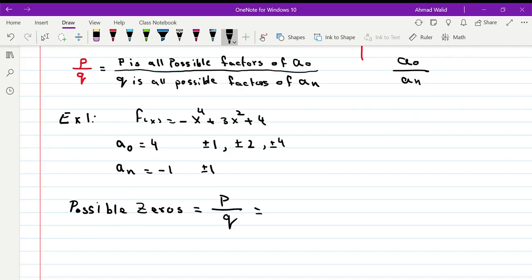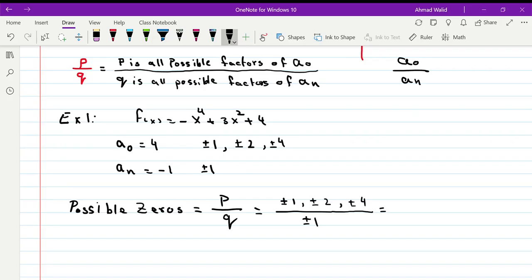Which means your p is plus minus 1, plus minus 2, plus minus 4 over plus minus 1.